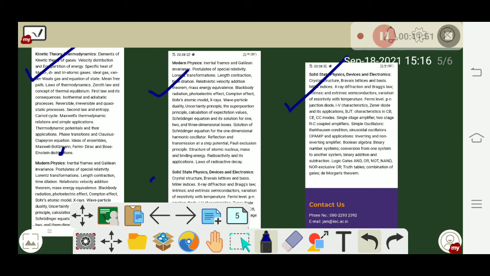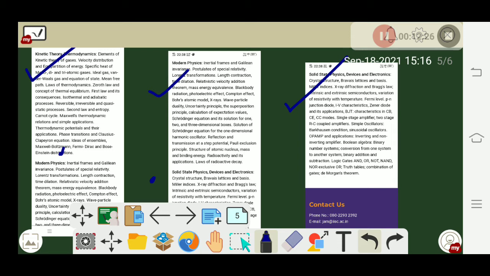Here it is written specific heat of mono, di and triatomic gases, ideal gas, van der Waals gas, and equation of state. They've written many things, but mainly velocity distribution, with some standard formulas: root over RT by M, most probable, average, mean. I think you can understand what I'm trying to say. Mean free path is important. There is a 1 by root 2 formula, pi n d square, like this, whatever, I need to check.